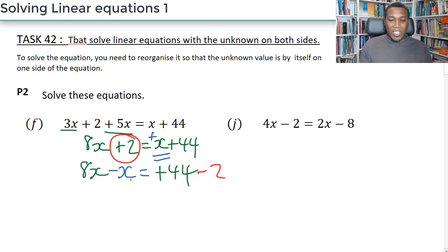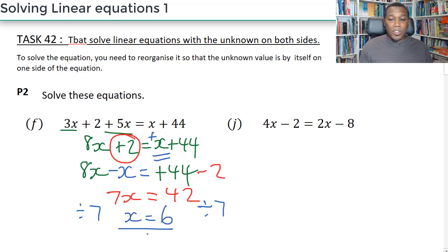Now I can do 8x take away x, which will give me 7x. And 44 take away 2 will give me 42. And at this stage, as I talked about a mix and match strategy, I will divide both sides by 7, giving me that x is equal to 6. So the answer x equals 6, as we were presented previously.